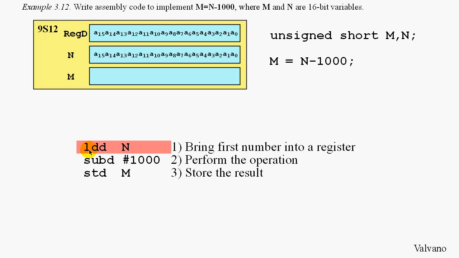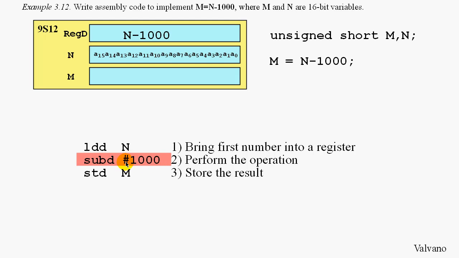When we execute the load D instruction, the 16-bit value from memory location n is copied into register D. We've selected register D because it is 16 bits and matches the size of the variable n. The subtract D instruction will subtract the constant 1000.